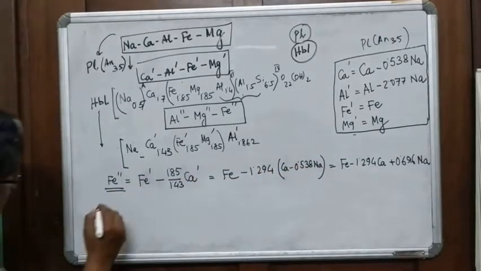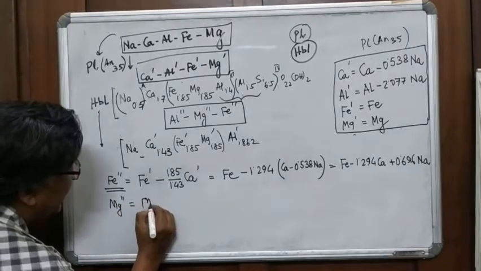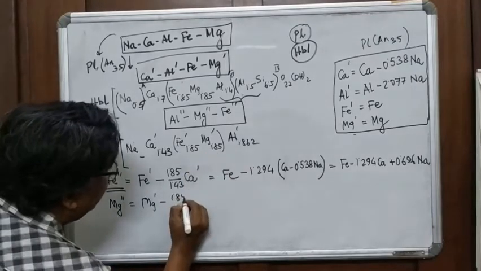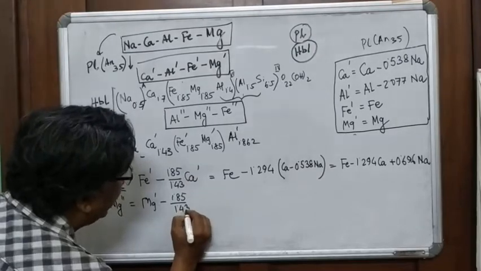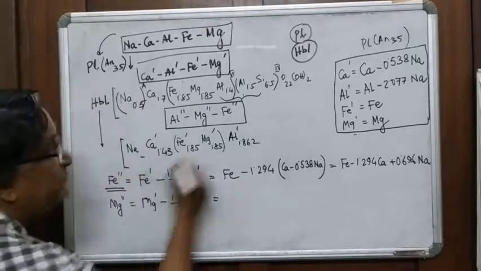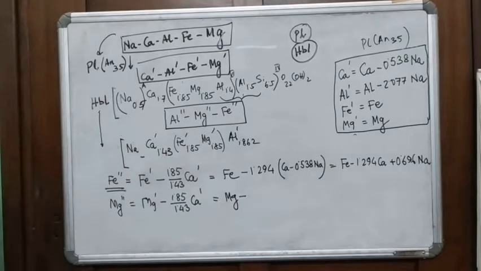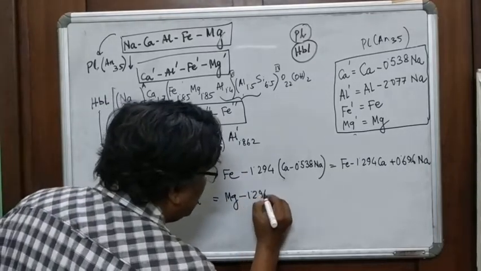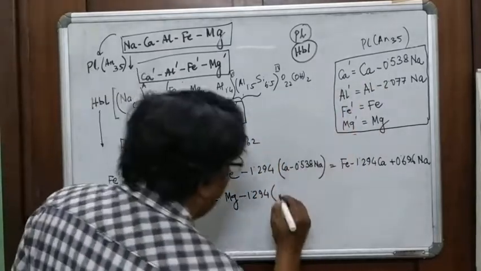And if you look at Mg double prime, it will be the same, because it is Mg prime minus 1.85 divided by 1.43 Ca prime. And Mg prime is the same as Mg. So you have Mg minus 1.294 into Ca prime. What is Ca prime?